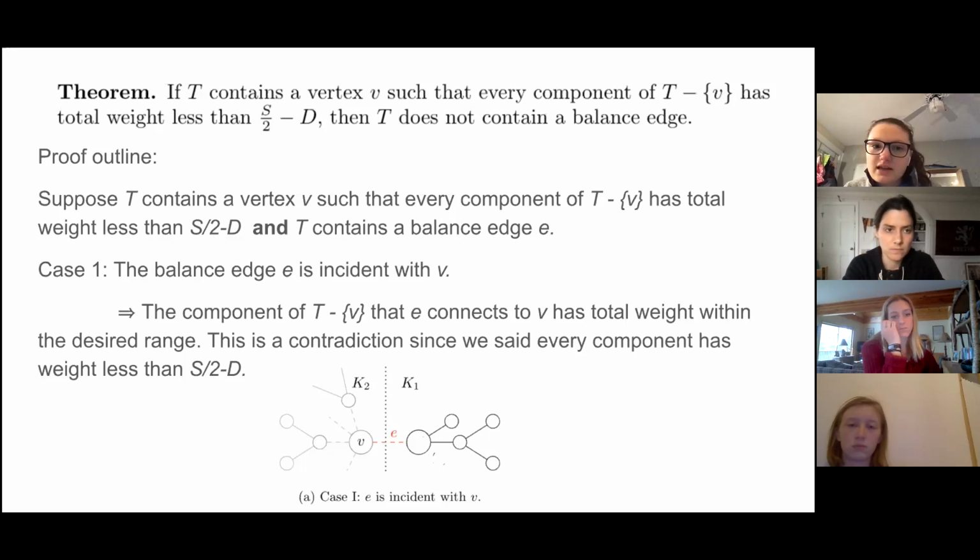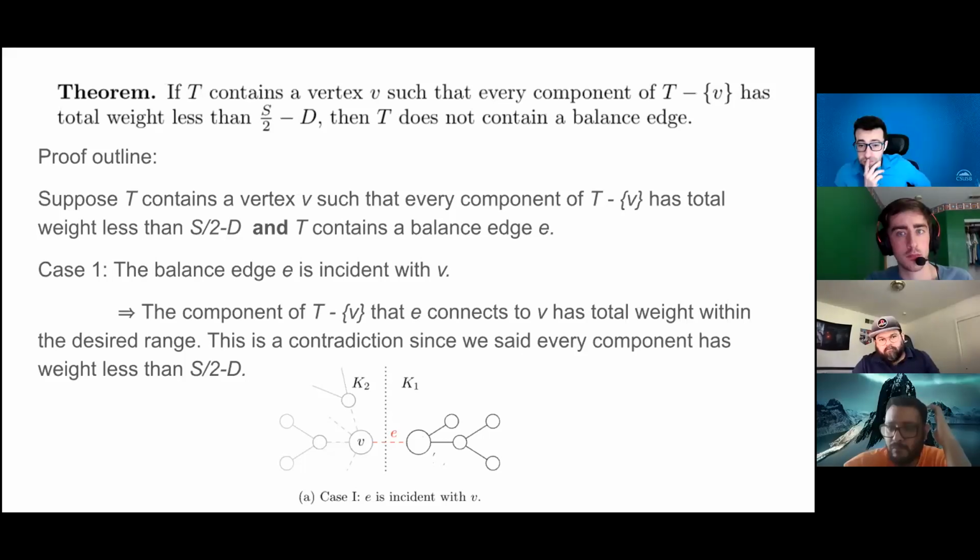The first case is that the edge E is incident with the vertex that you removed, in which case this supposed balance edge would connect one of the components to the vertex V that you removed, which means that component has to have total weight within your desired range.